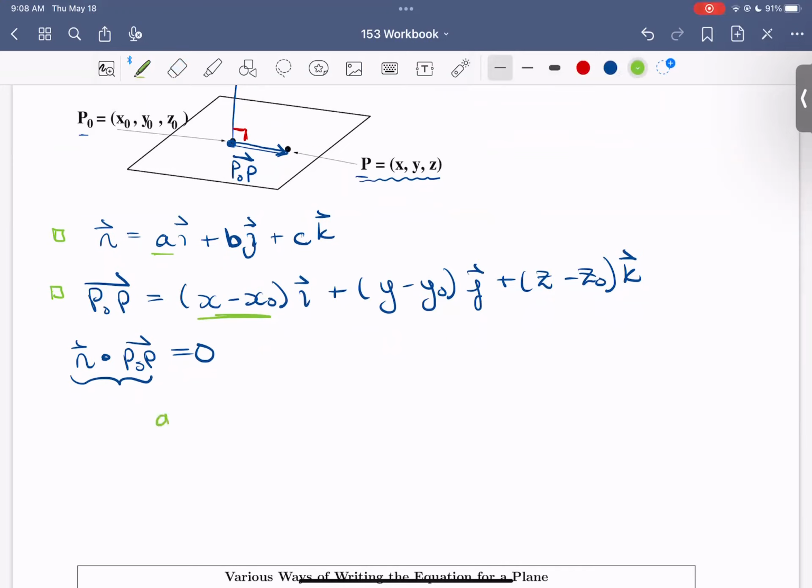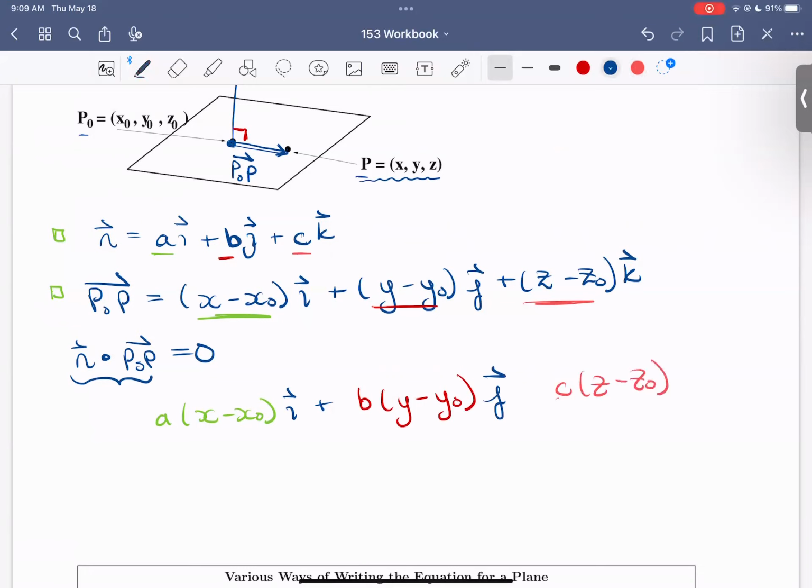We first get a times x minus x naught, that is the i component, plus b times y minus y naught, and that is our j component. And then finally, we multiply our k components. So we get c times z minus z naught, and that is in the k direction. So this dot product is equal to 0.